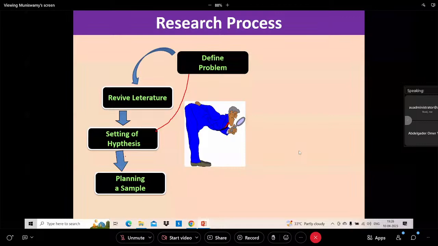So, but in the sampling, after deciding the sampling, right, next you gather the data. This is the process, this is a systematic way to complete your project work. Okay, so sometimes the people, without knowing their objectives, their title, simply they are gathering the data based on the past projects.